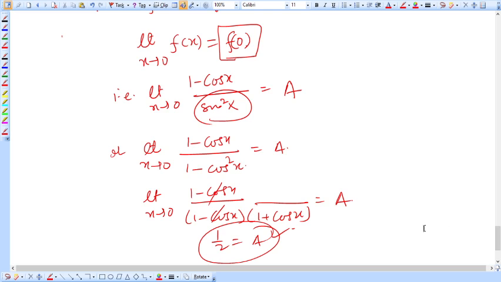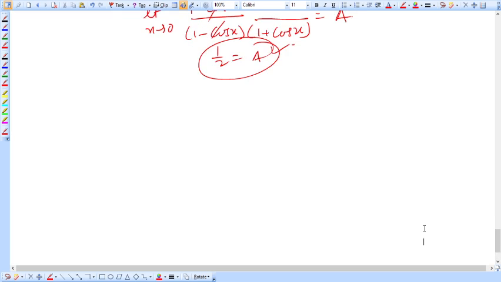Okay, now we are going to do one more, which is the last problem on continuity, right?